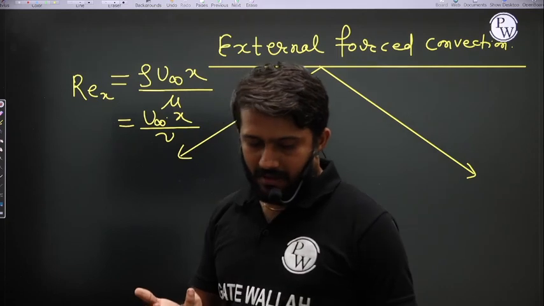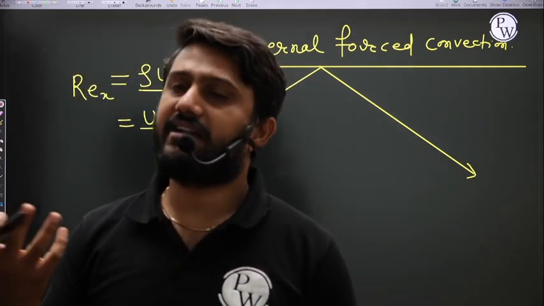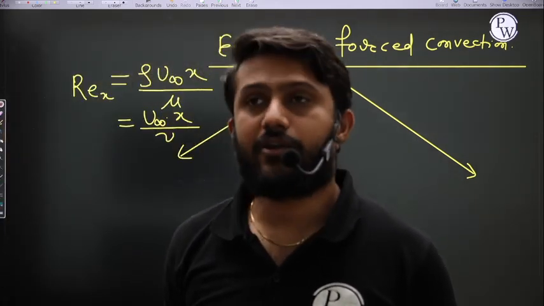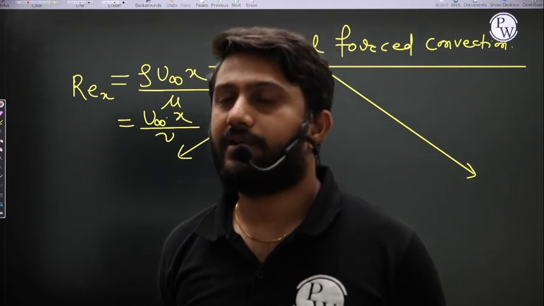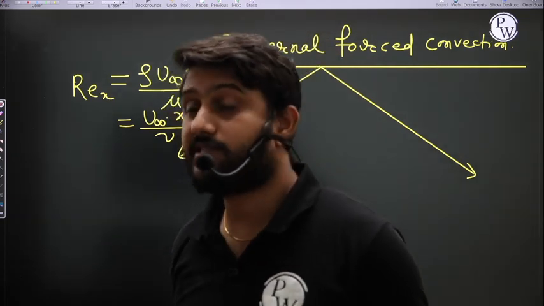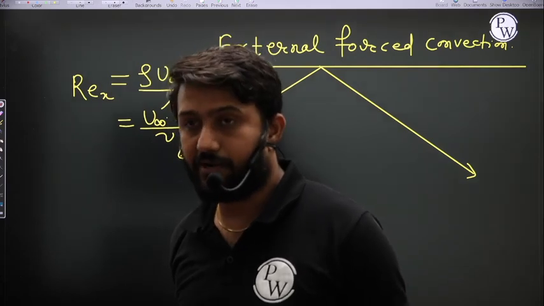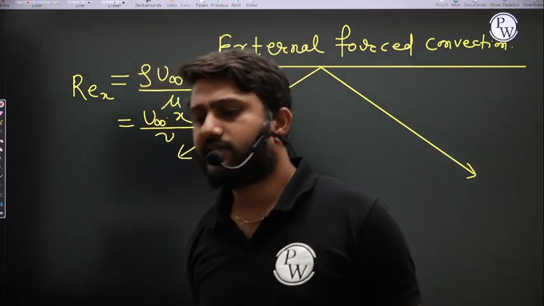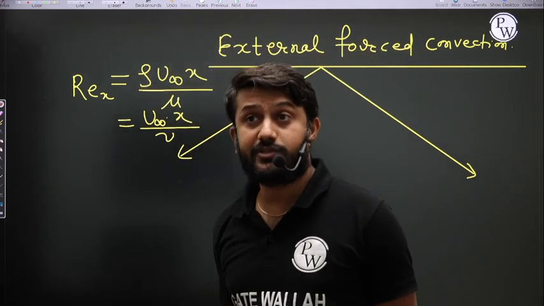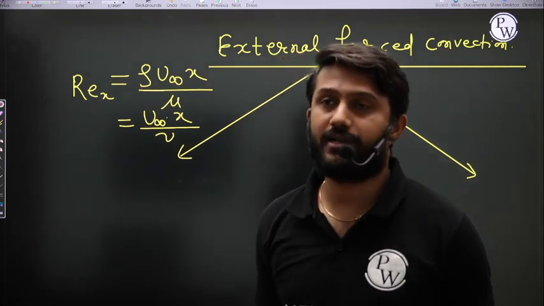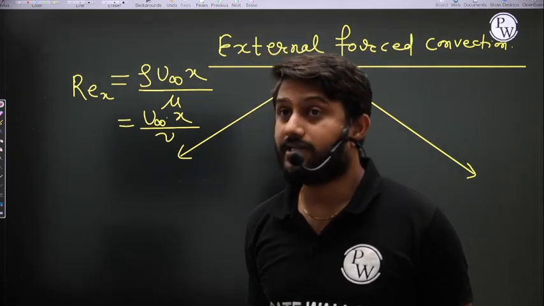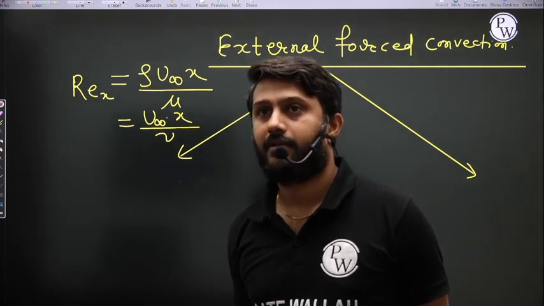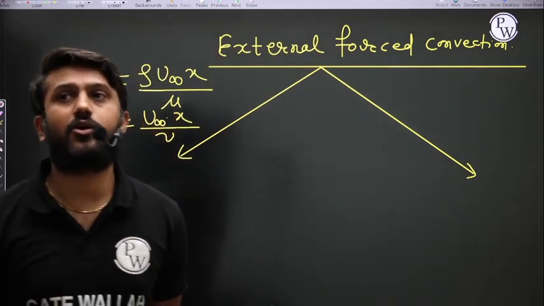So as x increases, definitely the Reynolds number changes, and the Reynolds number is dependent on x. That's why we are using the local Reynolds number. Whenever some parameter is changing with respect to x, then we use a term which is local. So what is Re_x? That Re_x is the local Reynolds number.